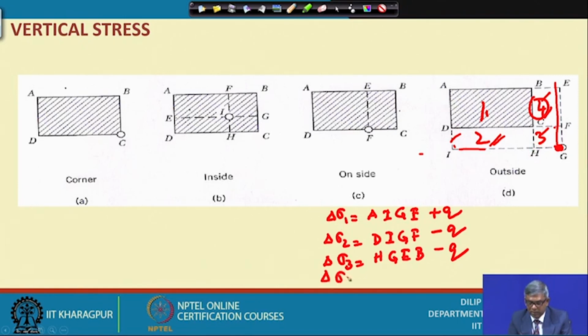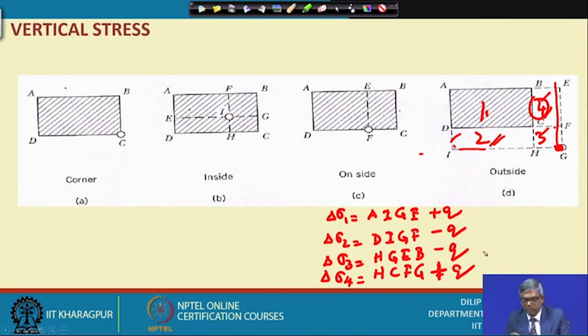So, I can find delta sigma 4, which will be for this area, HCFG, with plus loading, plus Q.